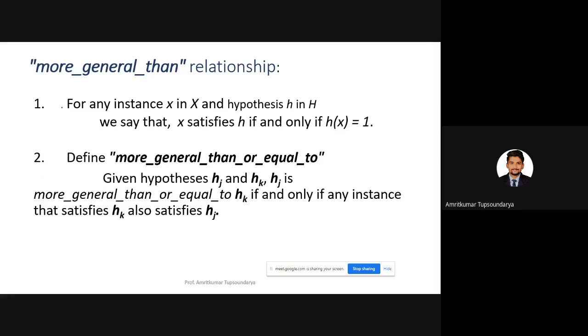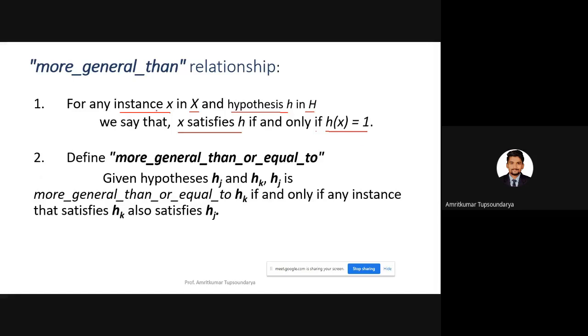at first, let's say for any instance x in a set of instances capital X, and the hypothesis H in the set of hypotheses capital H, we say that the instance x satisfies the hypothesis if and only if H(x) is equal to 1. Right?